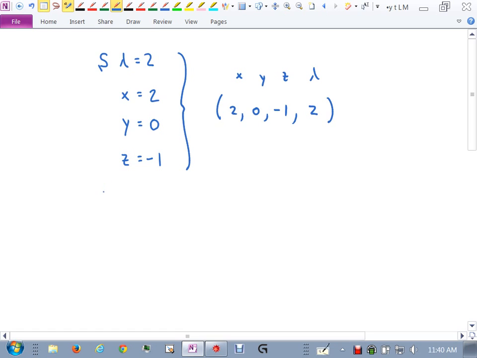Let lambda be negative 2. Suppose lambda is negative 2. Then x will be negative 2, y will still be 0, and z will now be positive 1. So we get negative 2, 0, positive 1, and then lambda being negative 2.